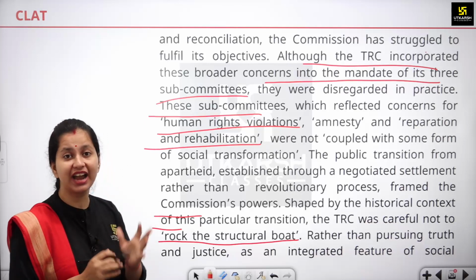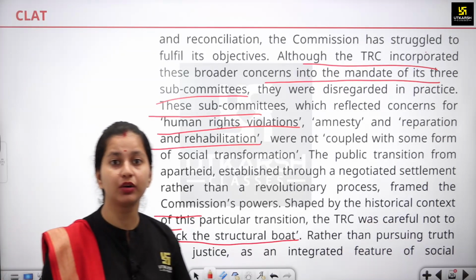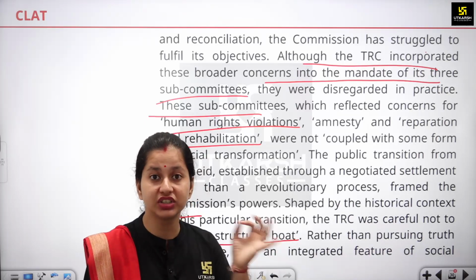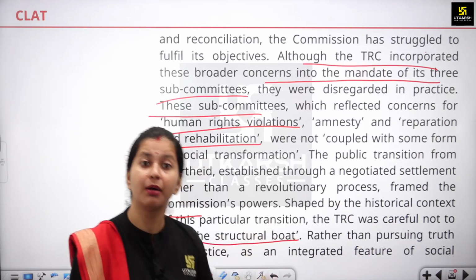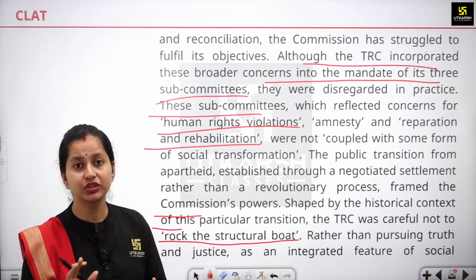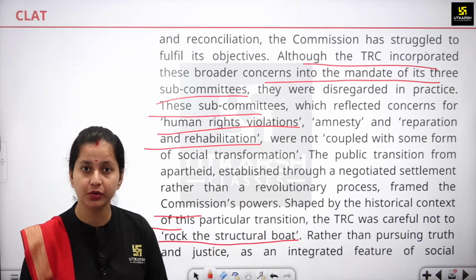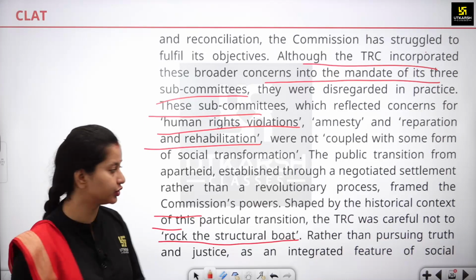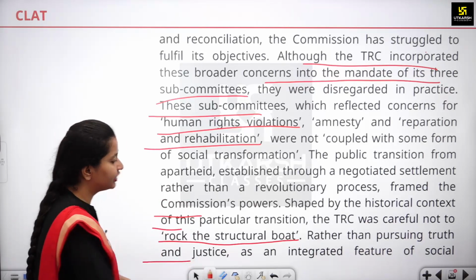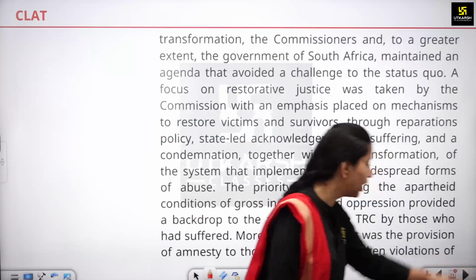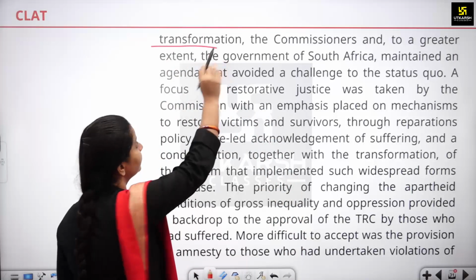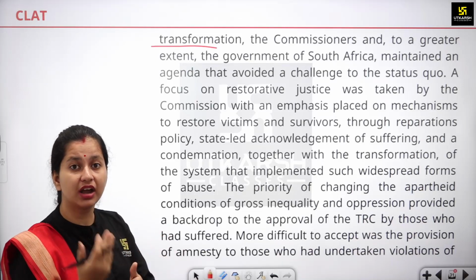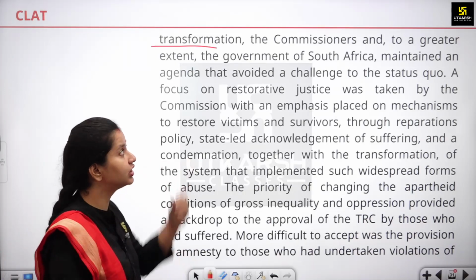It was not finding the root causes, the underlying causes in the apartheid, in the past regime, but was just trying to find a negotiation process rather than a transformatory or revolutionary process. Rather than pursuing truth and justice, truth plus justice both, which is a feature of social transformation.